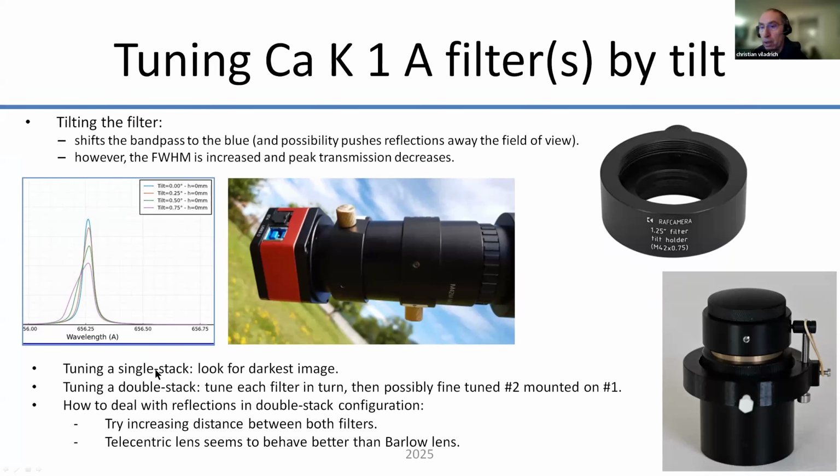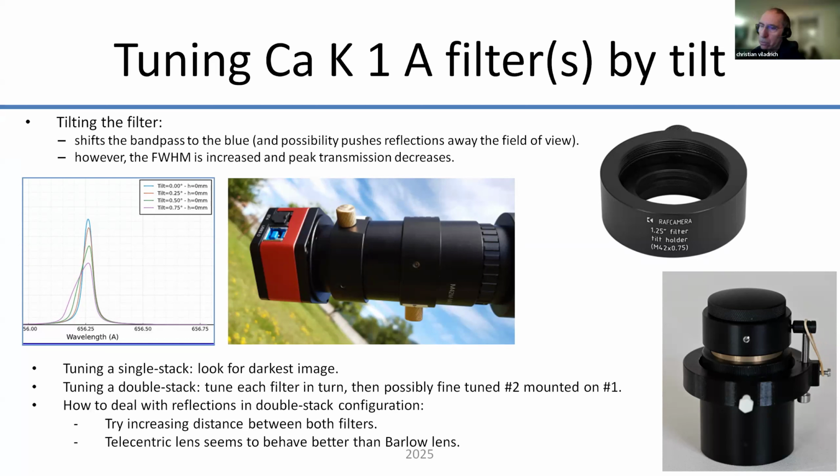So how to tune, how to use it properly? It's exactly like in H-alpha. If you have just one filter, you look for the darkest image, no problem. So you tune and look for the darkest image.